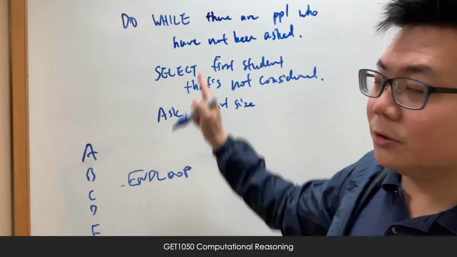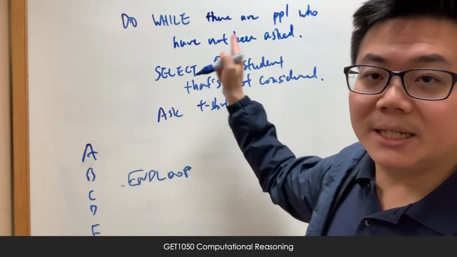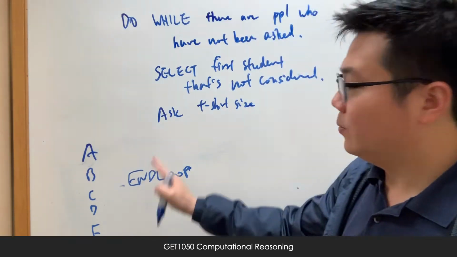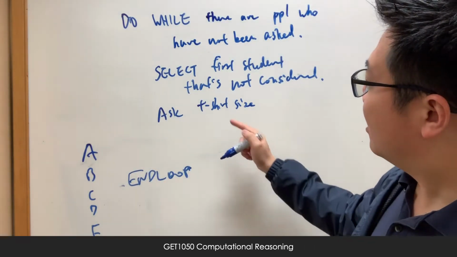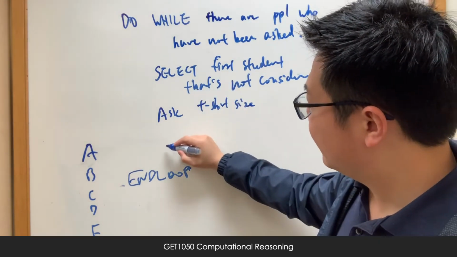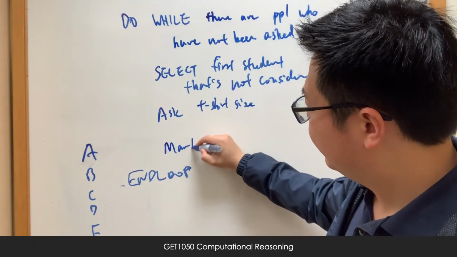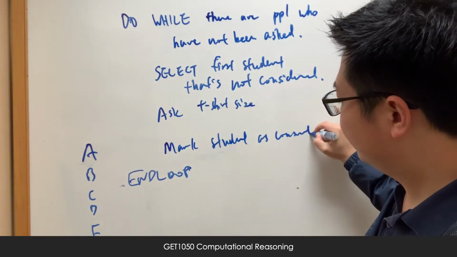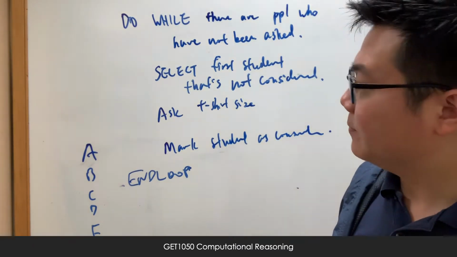Have any of these people been asked? No, so we need to loop. Now, again we have this: select the first student that's not considered, and then mark student as considered. Now, what's going to happen?